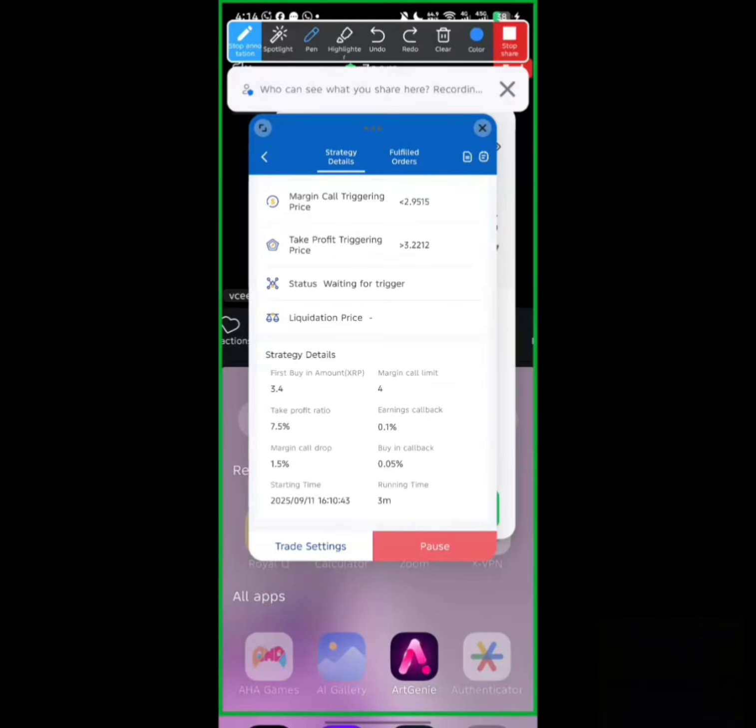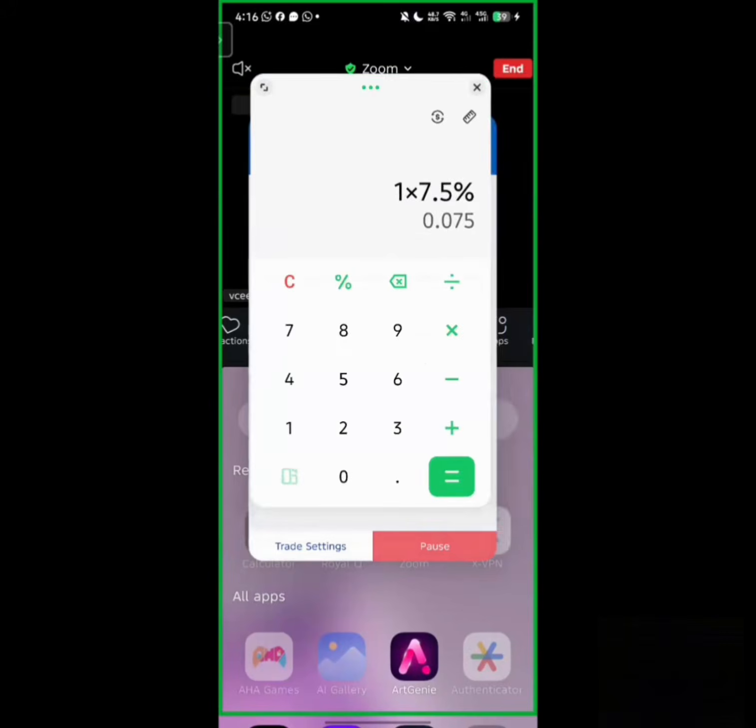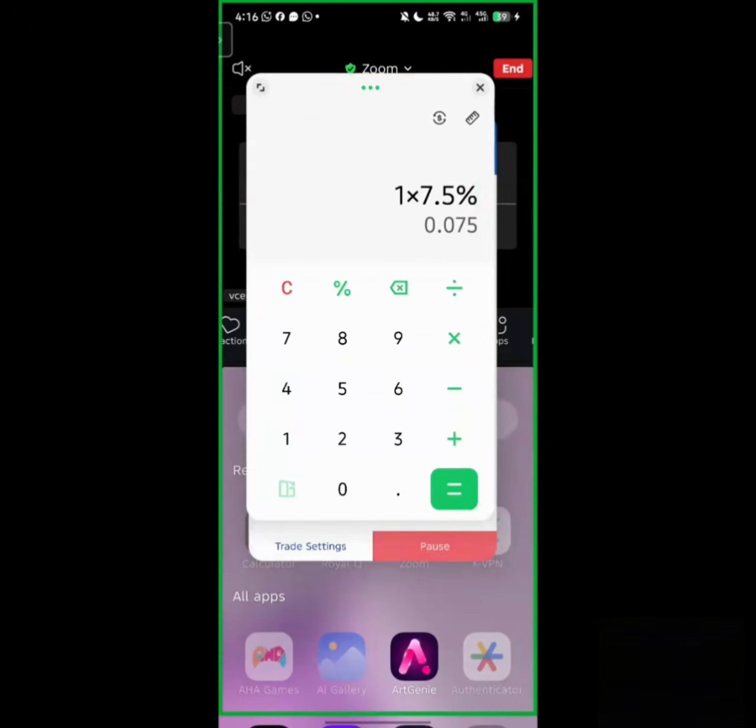I only have $1 of my capital in the trade, and I'm taking 7.5%. So $1 times 7.5% will give us $0.07. That is supposed to be my profit on this trade with my $1 investment.